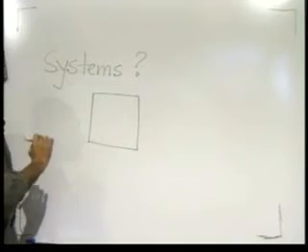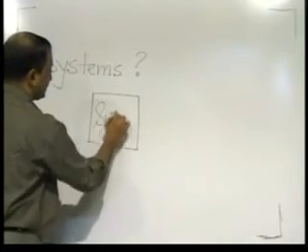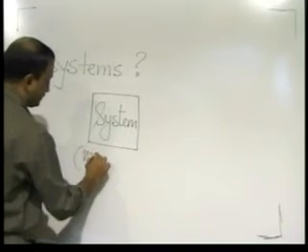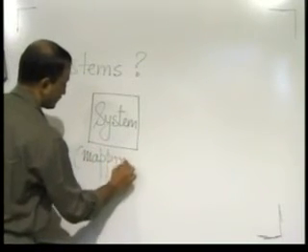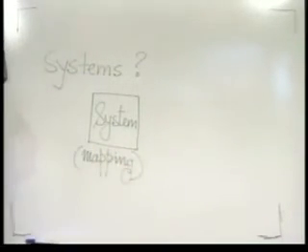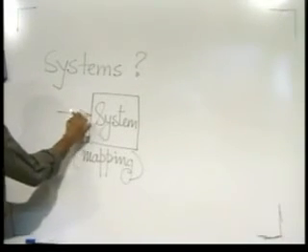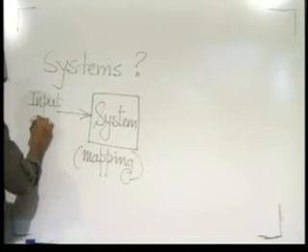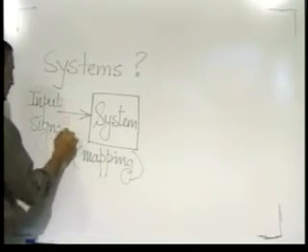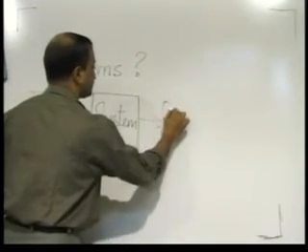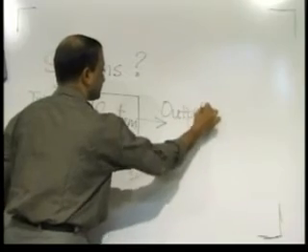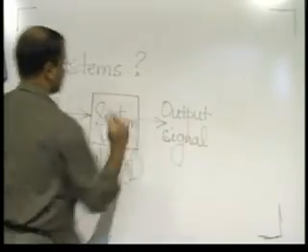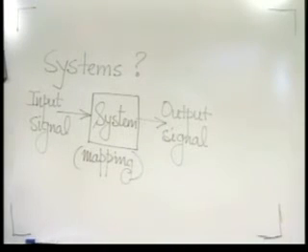In very brief terms, a system is a mapping from an input signal to an output signal.